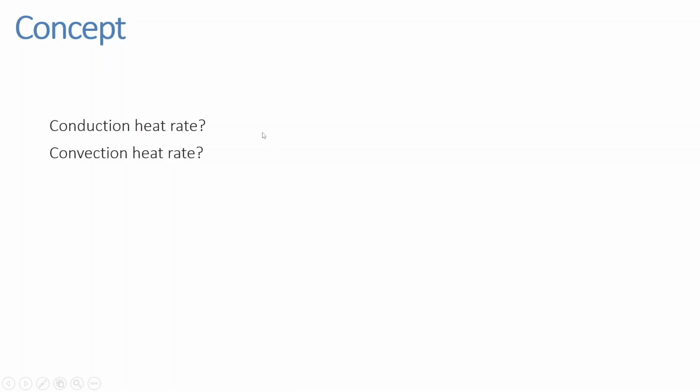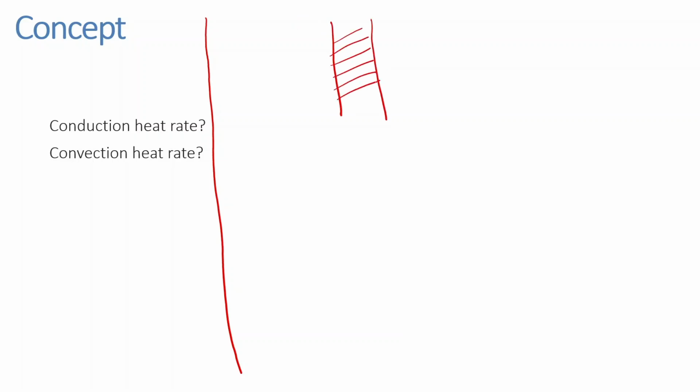Okay, so let's look at a few of the basic concepts that will be helpful to solve this question. Let's say I am having a wall, this is my wall and this is my x direction, and let's say the temperature over here is T1, T2, and here everywhere it is T infinity.